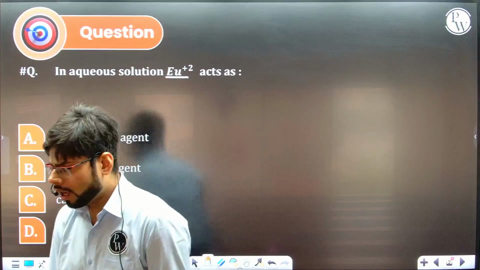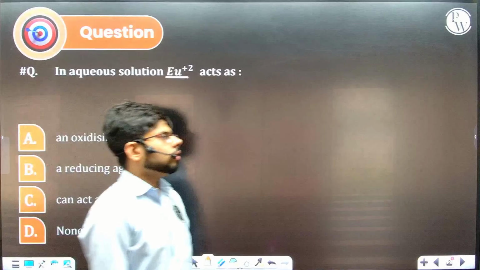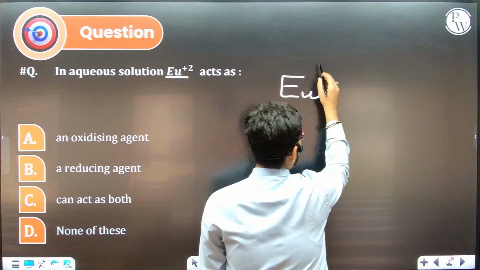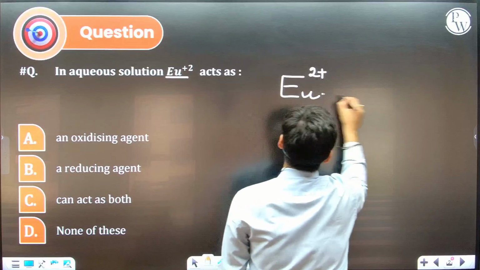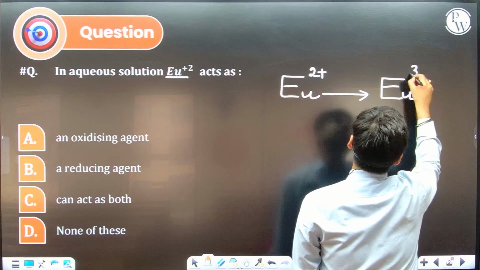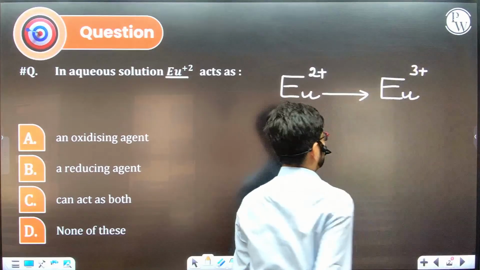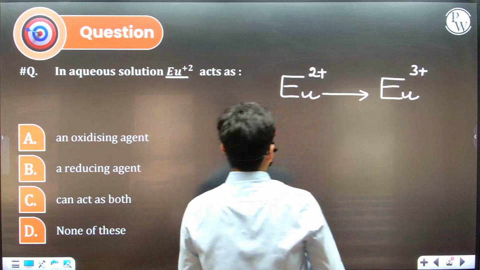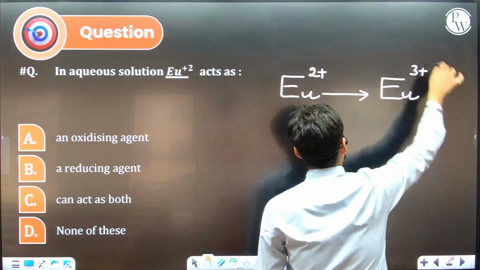Now see, Eu2+ has a tendency to get converted to Eu3+. What does this mean? This means that this is more stable than this.